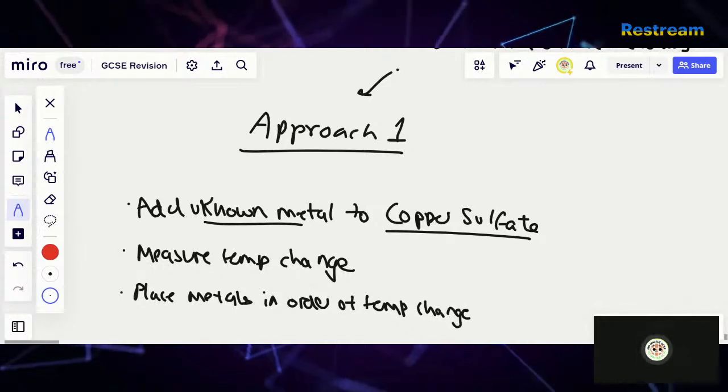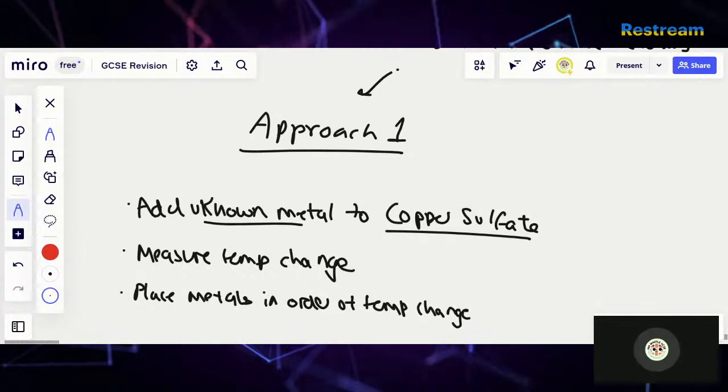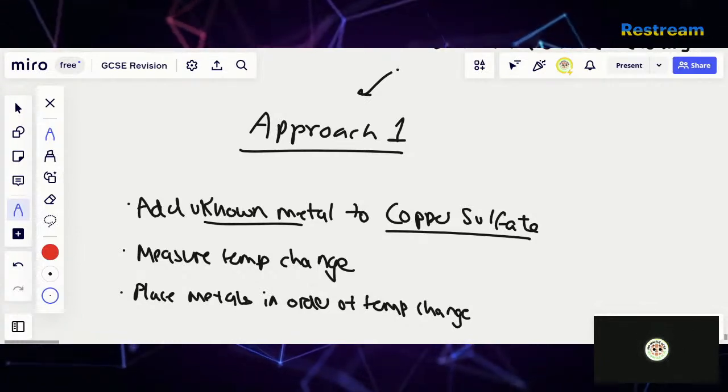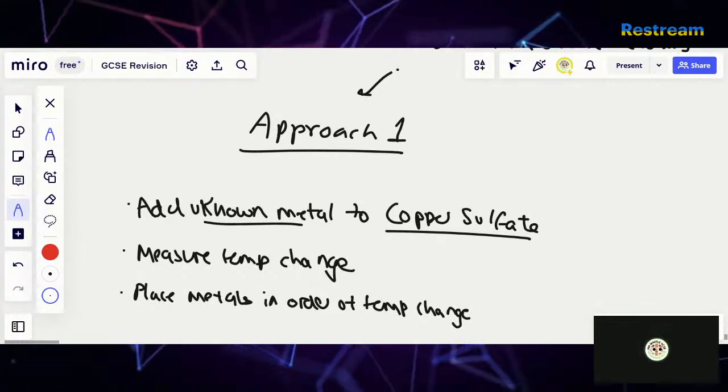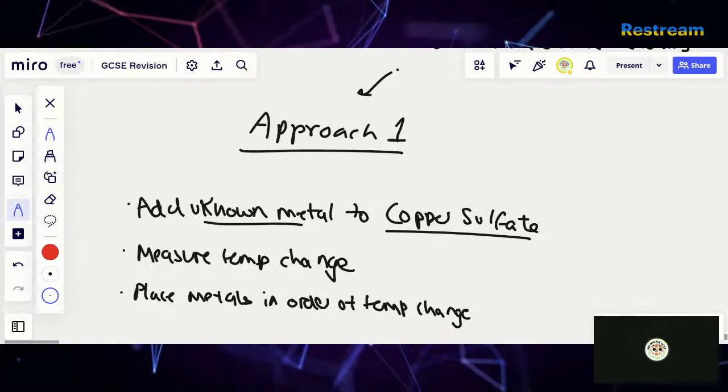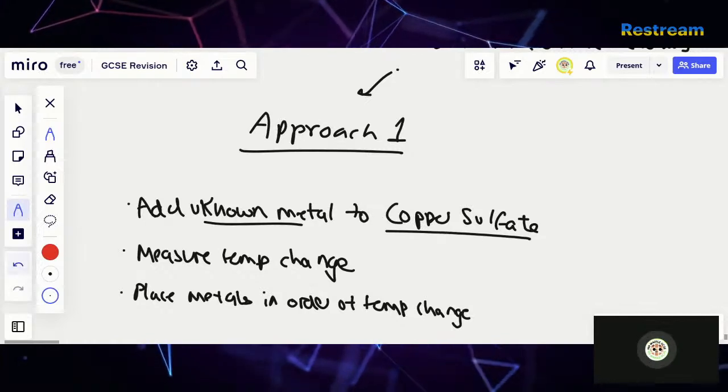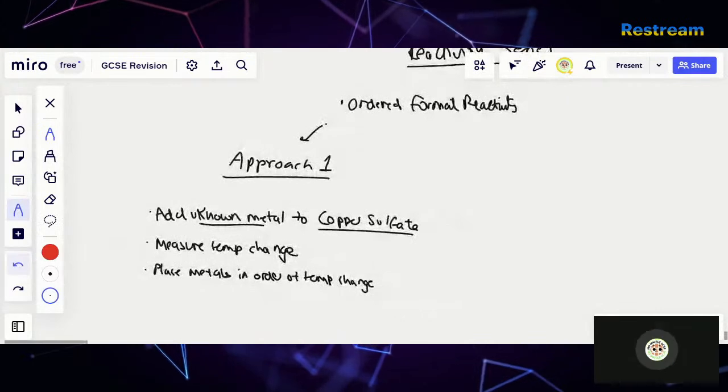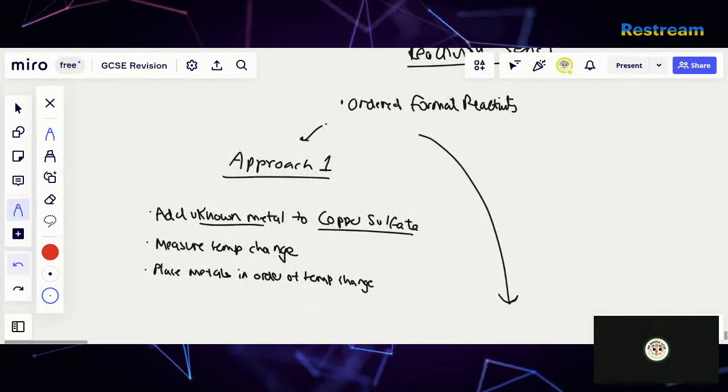The ones with the greatest temperature change have reacted the most. Okay, so that's approach 1. This is reacting it with copper sulfate and seeing what will happen there.